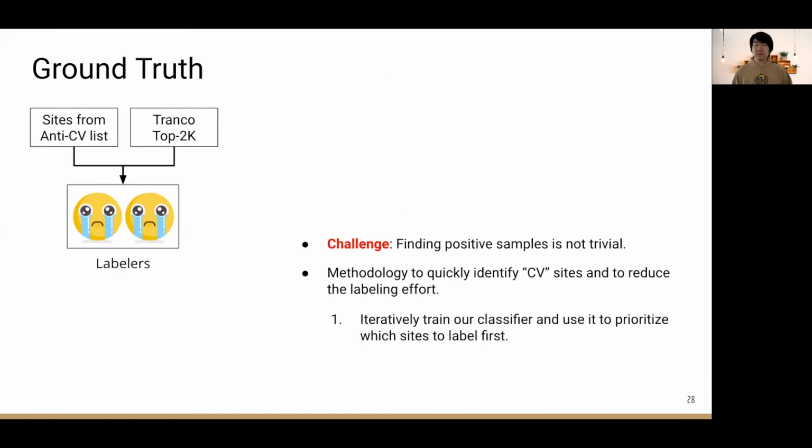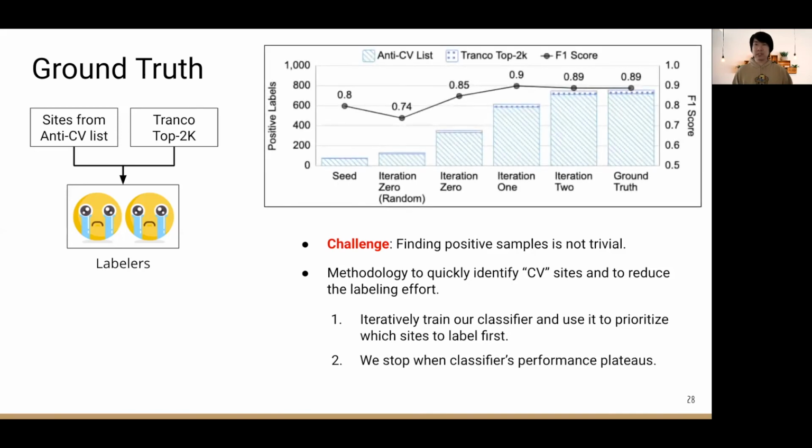Now, with this, we can actually stop this whole process once the classifier's performance plateaus. For example, when we plot the number of iterations with the corresponding F1 score, we find that it only took 3 iterations until the classifier performance plateaus.